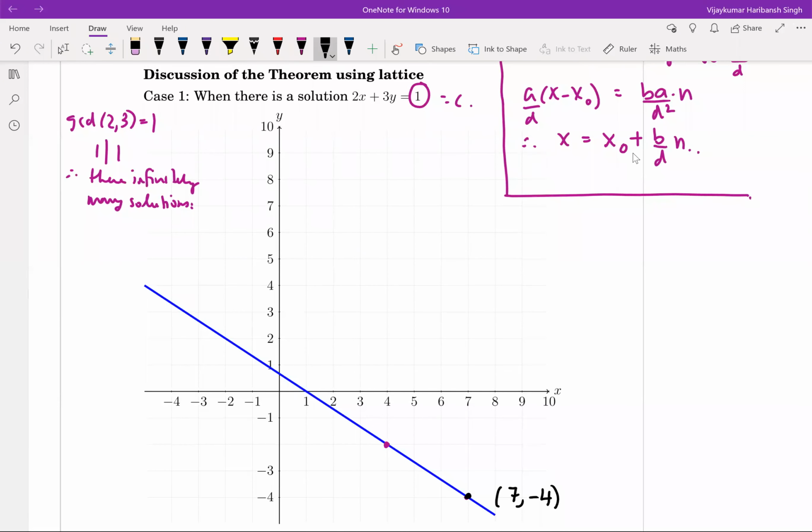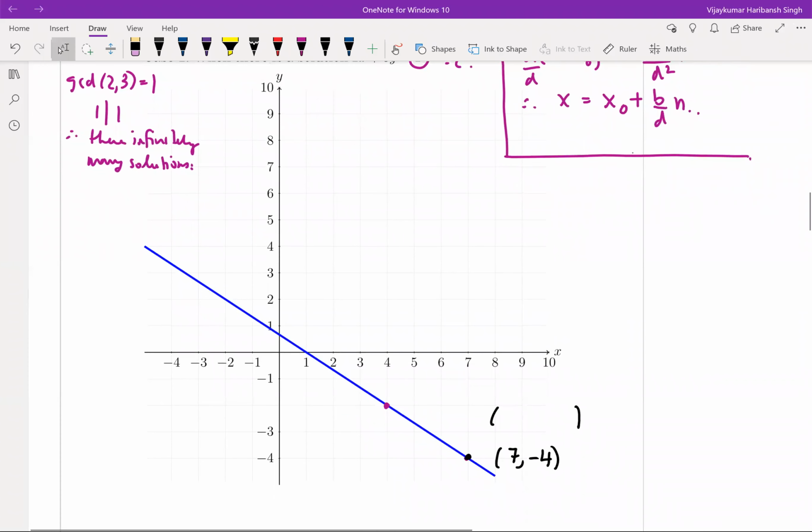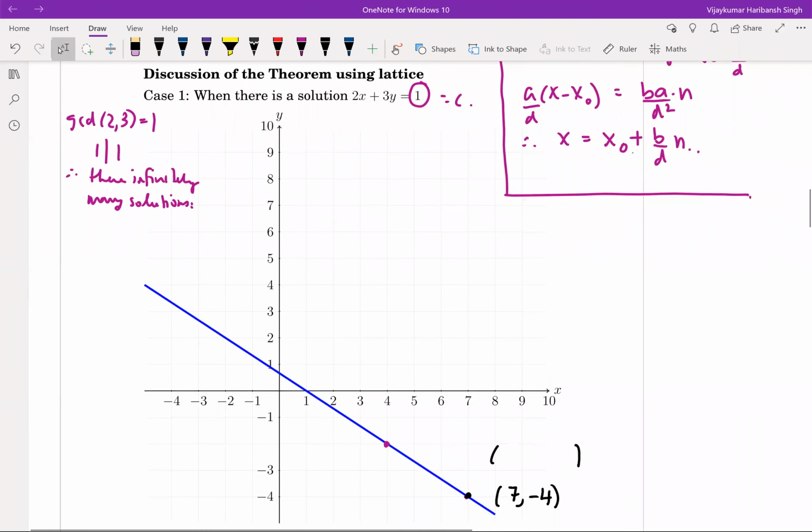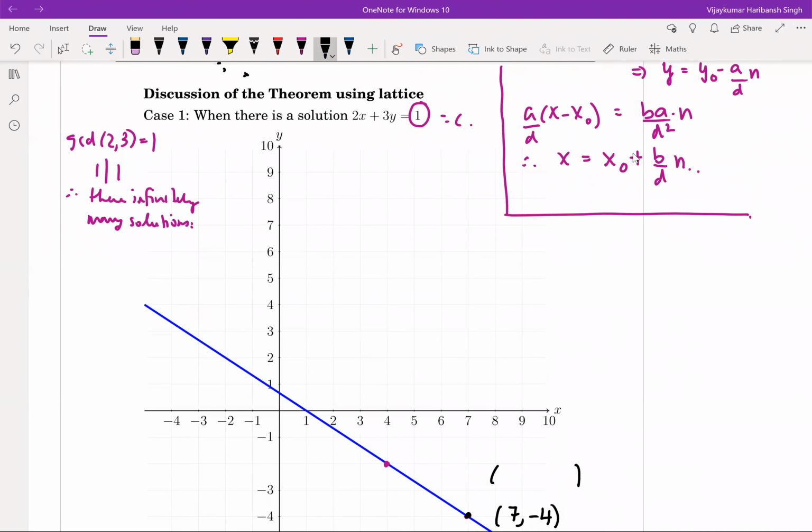Now, from one solution, we can get to the other solution. Let's see how. So other solutions are of the form: x is 7 plus b by d, where b is 3 and d is 1, times k.